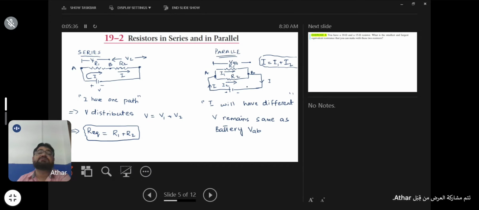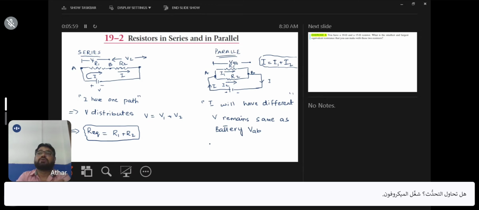But if it is a parallel combination, then you will have a value of resistance less than the least resistor. For example, if you have in series 2 ohm and 4 ohm resistances, your total resistance will be 6 ohm. But if you have 2 ohm and 4 ohm in parallel, your total resistance will be less than 2.